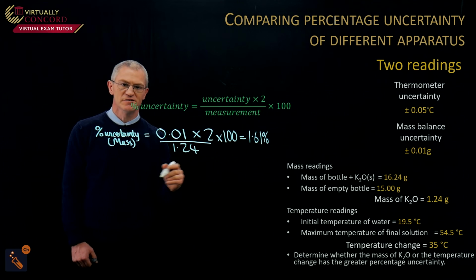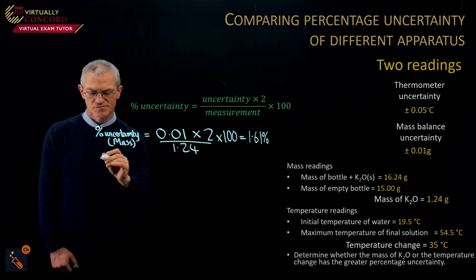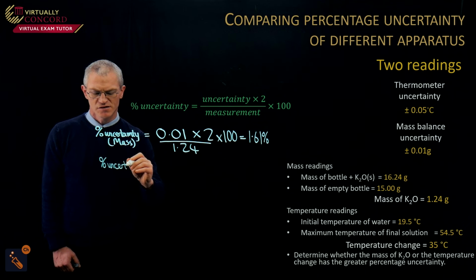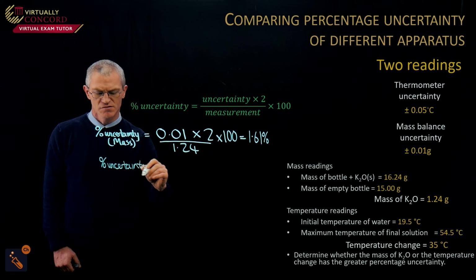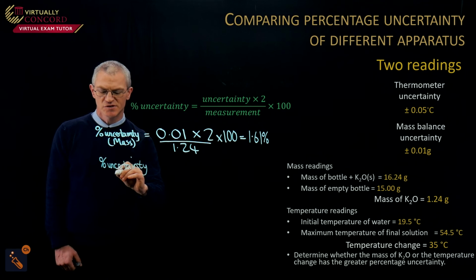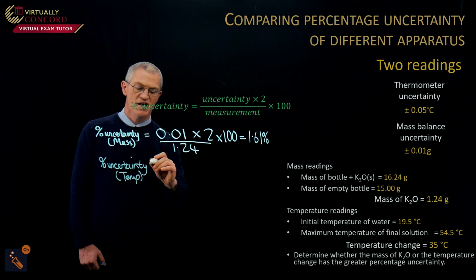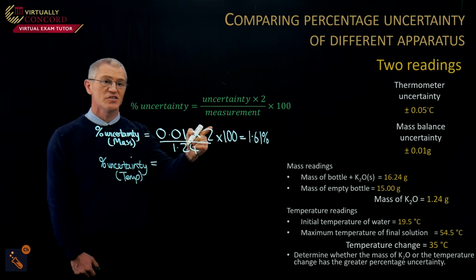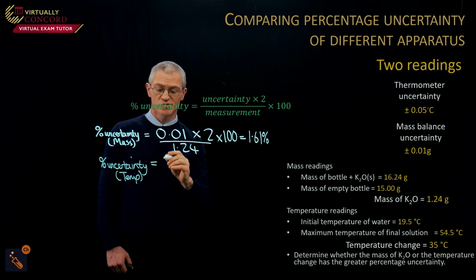So that's our mass balance. If we do the temperature reading, again we do our percentage uncertainty, and this time it's for our temperature. Again, we look up and say our uncertainty is 0.05.